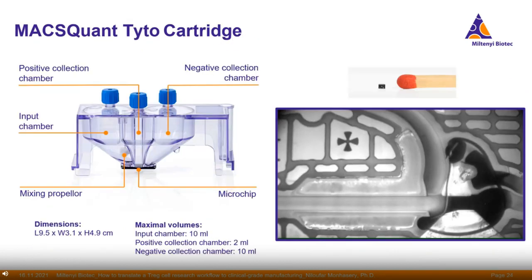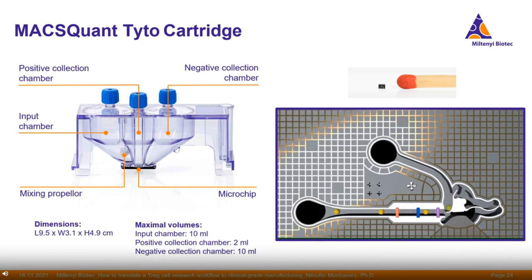MACSQuant Tyto cartridges are an important component of this system. They have 3 chambers: input chamber, positive collection chamber, and negative collection chamber. In the positive collection chamber, you will get your positive fraction, and in the negative collection chamber, you will have the negative cells. And then the negative fraction can even be used for a second round of selection. As you can see, the microchip is located here on the bottom of the cartridge, and you can see the size of this microchip, which is quite small.